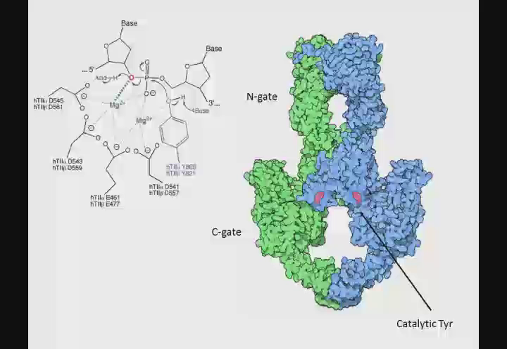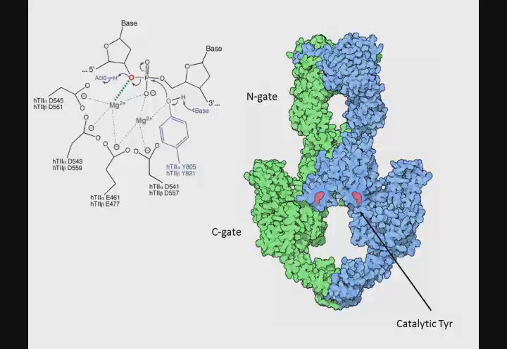Now, if you want to hold on to that first bit of DNA that you cut, you do it at the waist of the enzyme, and it is catalyzed by a conserved tyrosine, which is coloured in red here. And what you see is you've got this array of acidic residues, 1, 2, 3, 4 acidic residues.